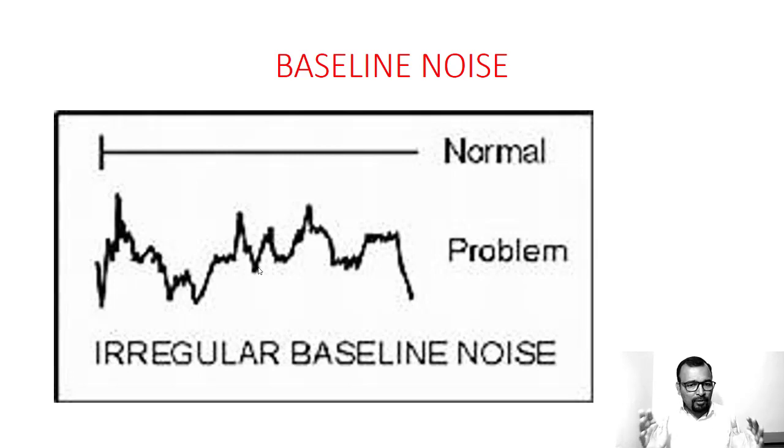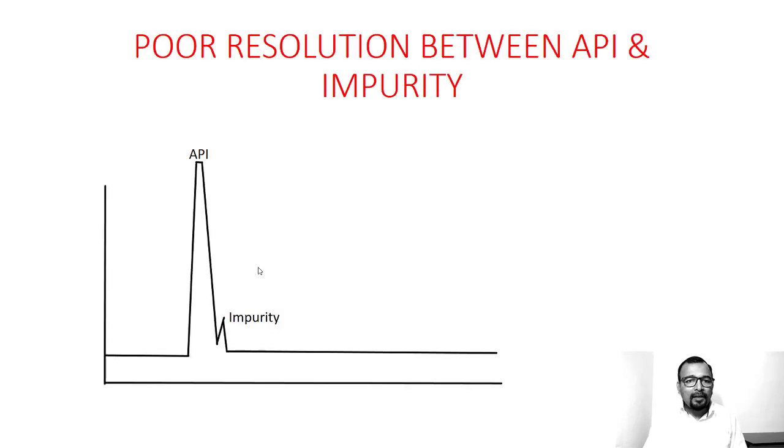So it is very important that if your baseline is noisy, you are going to have a problem when performing the linearity. Make sure that your detector is performing well and your baseline is plain, not having noise in between.